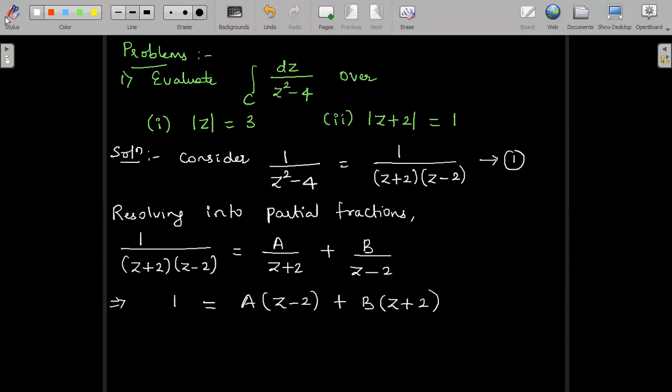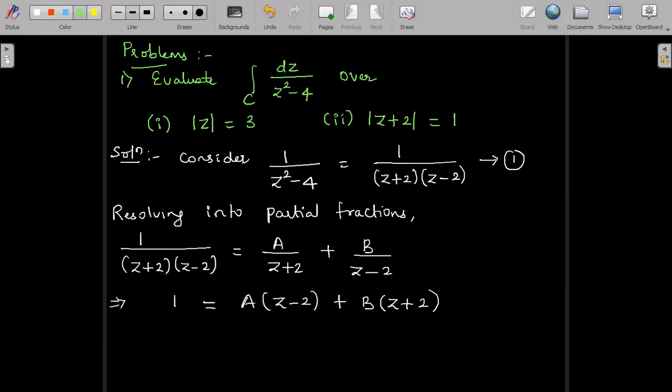Now we give values for z in such a way that each term vanishes once. So when I give z is equal to 2, a vanishes, and we can get the value of b. And when we give z is equal to minus 2, b vanishes and we can get the value of a. So that's the procedure for resolving into partial fractions.